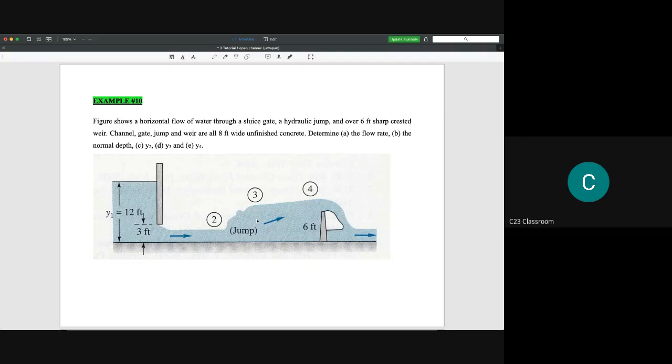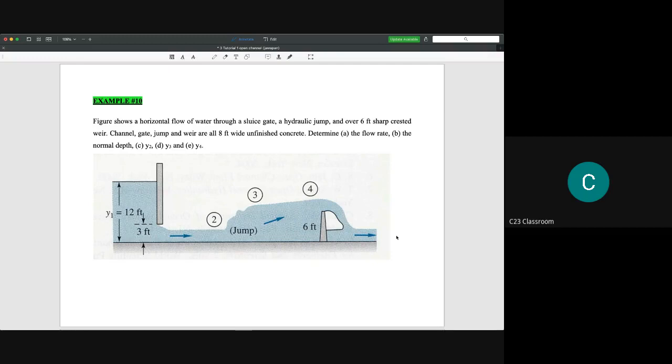So what engineers should do is something to stop the energy of the hydraulic jump, at least to neutralize the flow. Normally engineers put a barrier here, and then the water will flow like this, and they will create a normalized flow at the end.